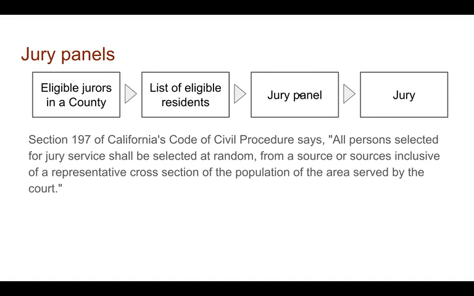Okay, so the jury panel should have the same demographics as the population of that particular county. And so we're going to take a look, using the actual data from this study, and see if that actually has happened.